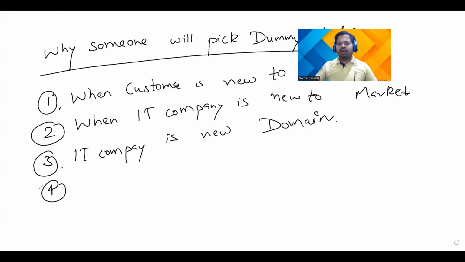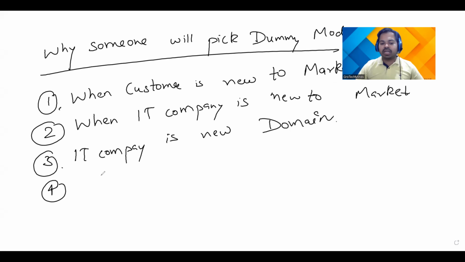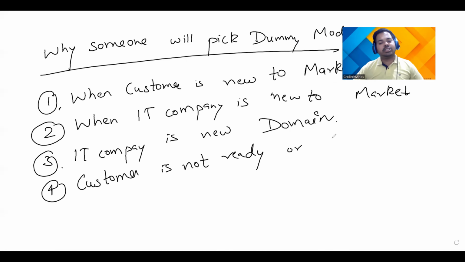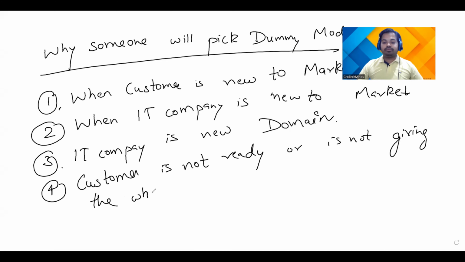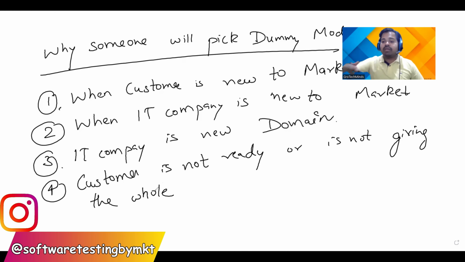The fourth reason why somebody wants to pick the dummy model is because the customer is not giving the whole requirement. The customer is not ready to give the whole requirement. Why do you think the customer will not give the whole requirement?